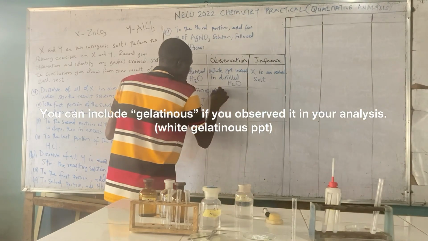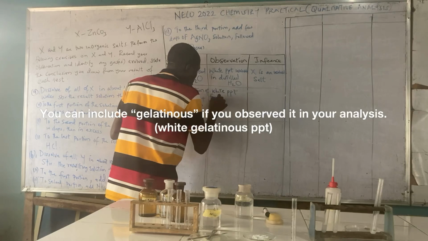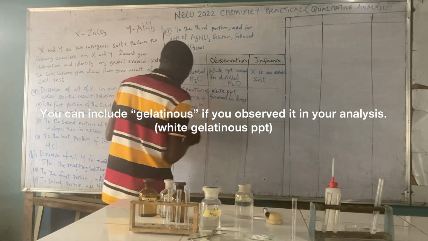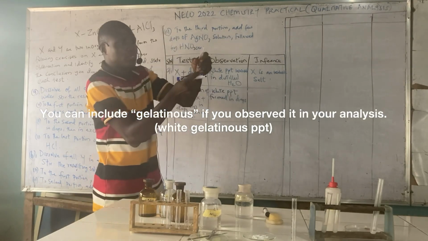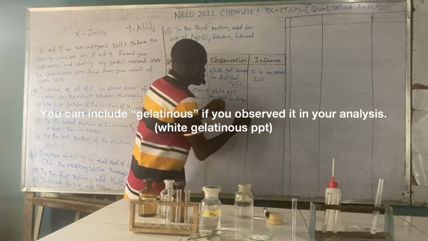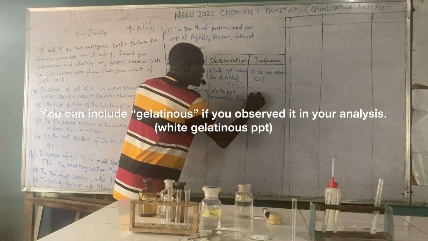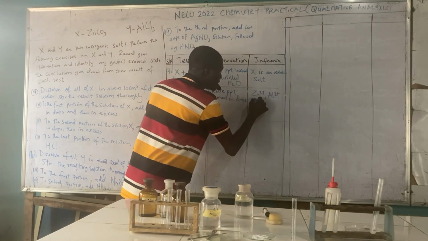White precipitate, white PPT formed in drops. Then in excess now, what do you suspect? Whenever we have a white precipitate in drops, what do we suspect? We suspect zinc ion and aluminium ion present.